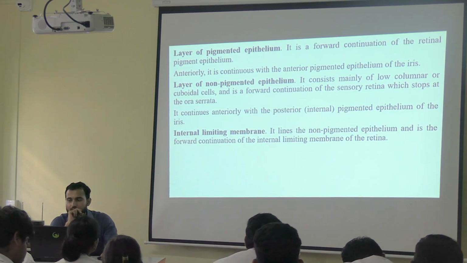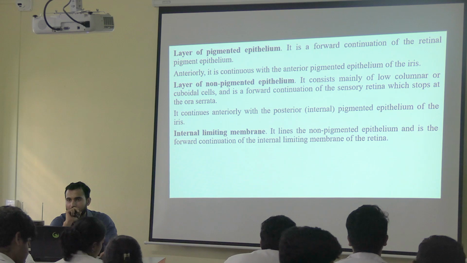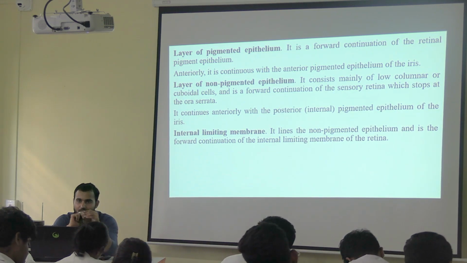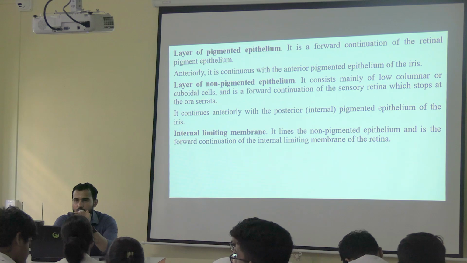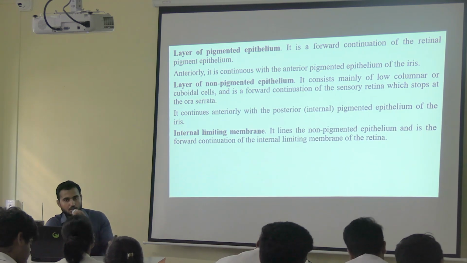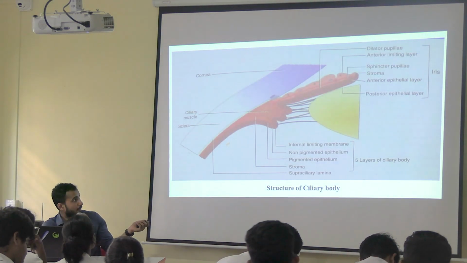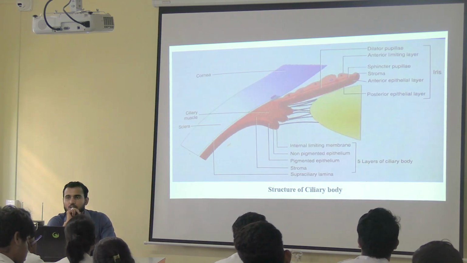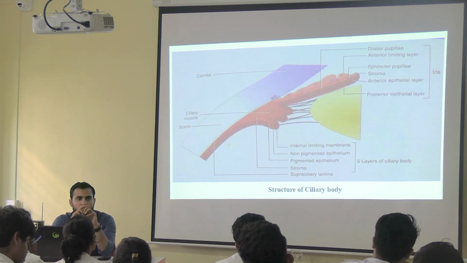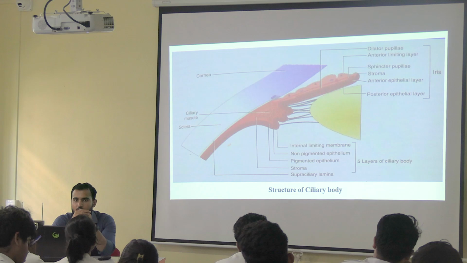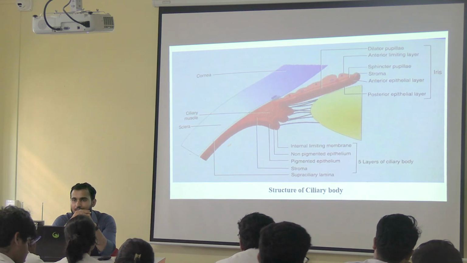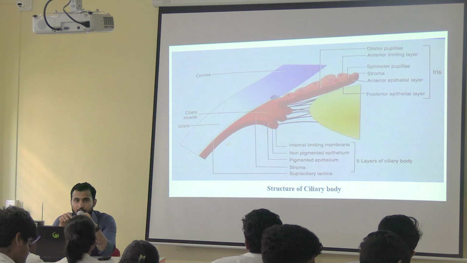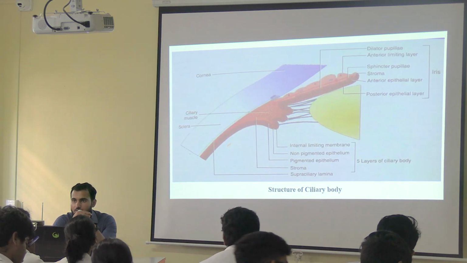So here you can see some layers as a continuation of the retina, and from the ciliary body anteriorly it continues to the iris. Let me show you the diagram. The diagram is not that clear. If you see the histology book, I don't know which book you are following, in most books the microscopic structure of the choroid and ciliary body is not given.